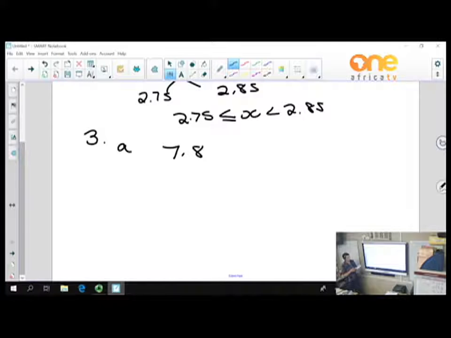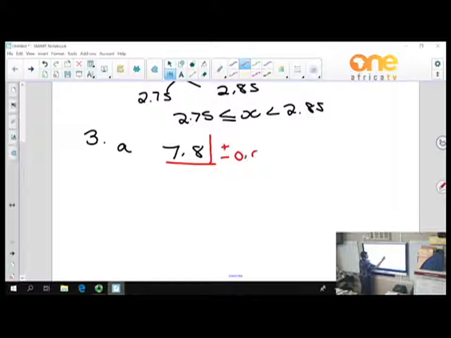So to 2 significant figures, it means half of this 0.1 is then again the maximum error of 0.05. Can you see? So the upper bound is 7.85 and the lower bound is 7.75.